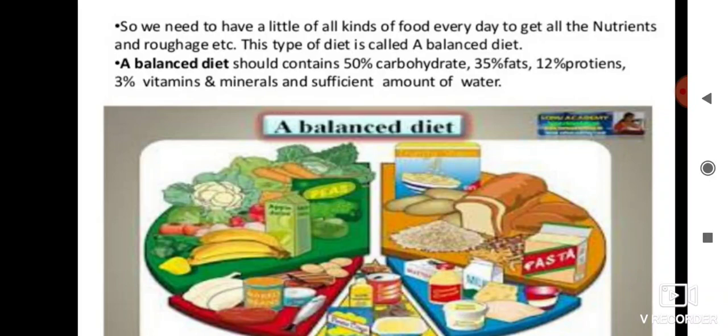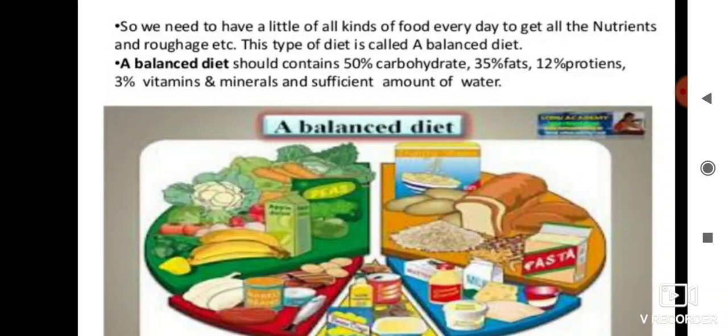Next, coming to the balanced diet. What does balanced diet mean? If you are consuming all types of nutrients in the right quantity, that food we can call a balanced diet. Every living organism, especially human beings, needs to consume a balanced diet.